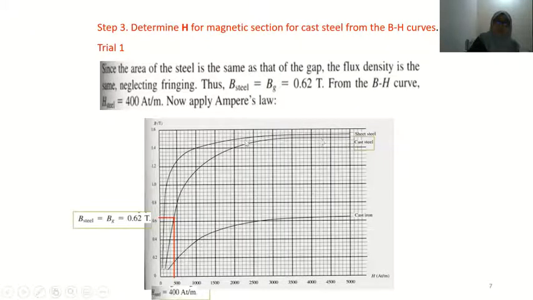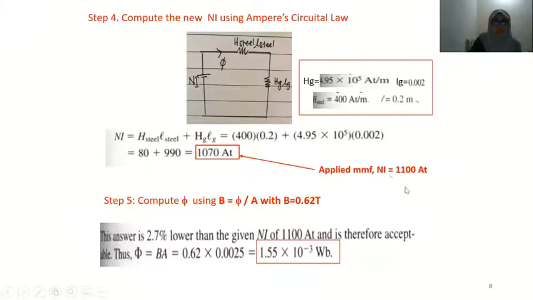From the cast steel BH curve, you find B steel at 0.62 Tesla, and then you project across to get the respective H steel, which gives you 400 ampere turns per meter. From these two values, then you compute the Ni.